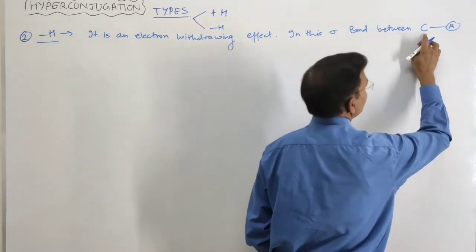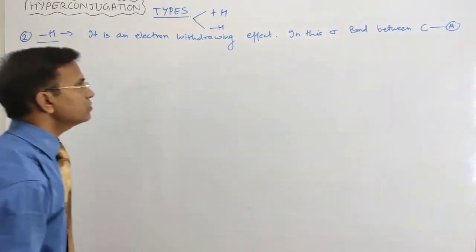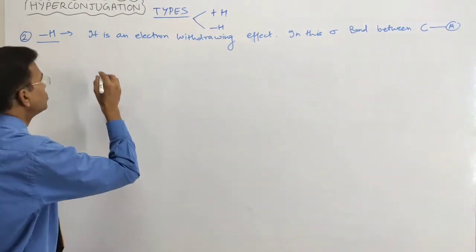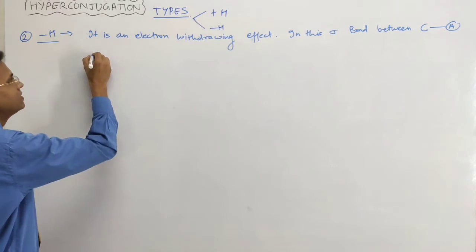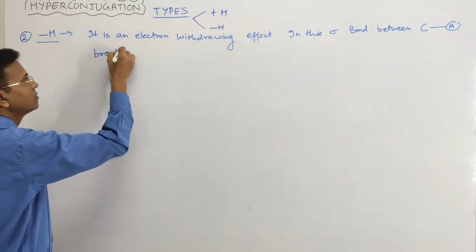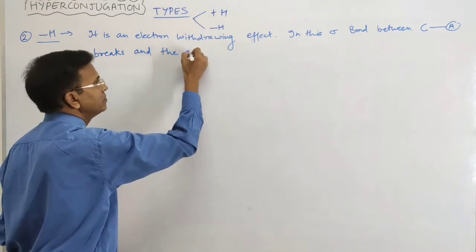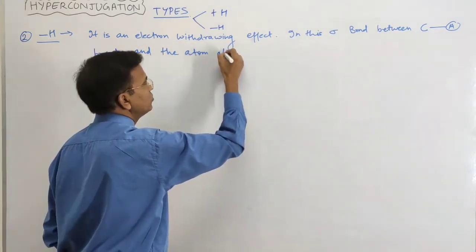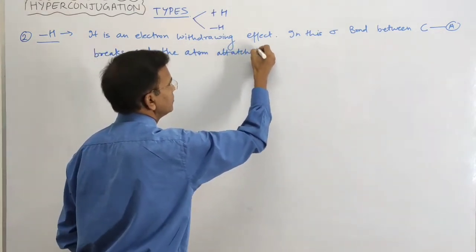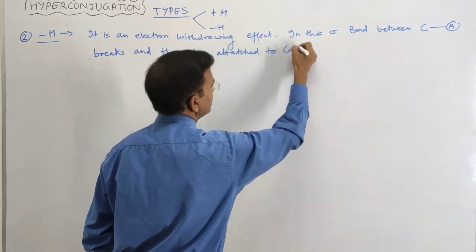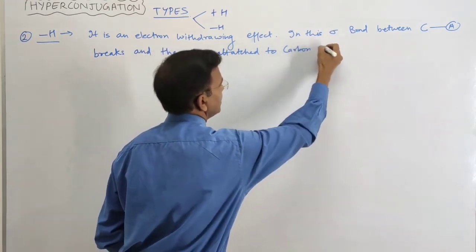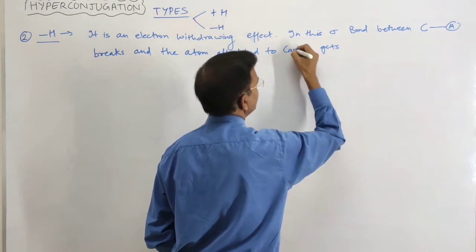So carbon and some atom, the sigma bond is there. So it breaks and the atom attached to carbon gets the negative charge.